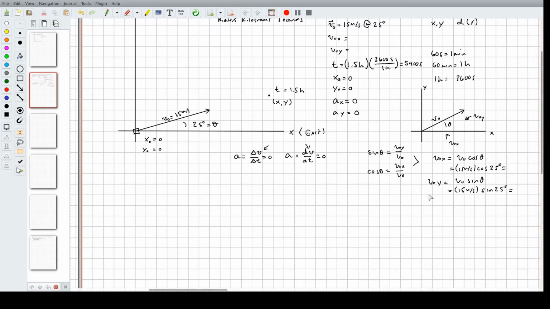So in x, we have 13.59 meters per second. Obviously, that's rounded. And in y, we have 6.34.